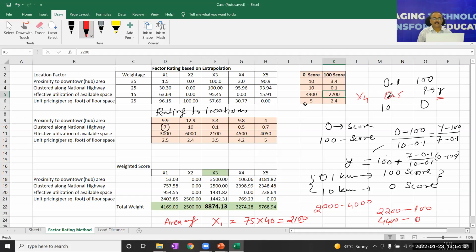Okay. And similarly for the unit pricing, if you look at the table, exhibit number 6, how we can arrive at this value. Out of these, you can see that the lowest is 2.4. So that we can give a 100 rating. And the highest is 5. That we can give a rating of 0.